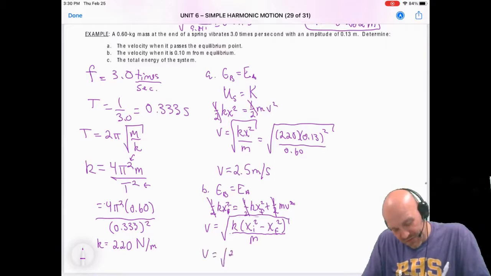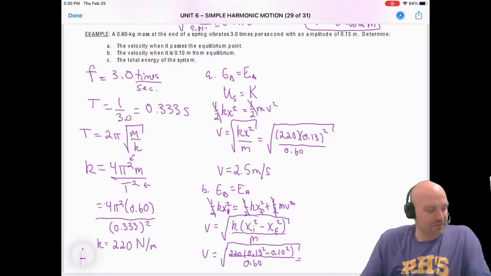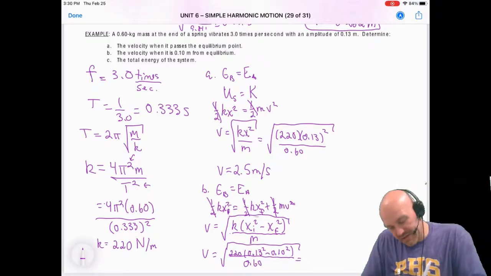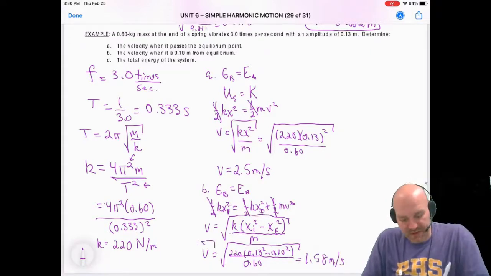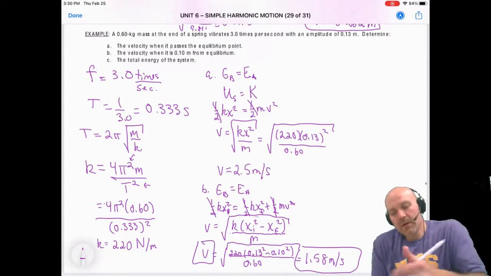And so it's going to be 220 times 0.13² minus 0.10², divided by 0.60. Okay, and so you plug this into your calculator and you get a speed of 1.58 meters per second. Okay, so that's the speed 0.10 meters from equilibrium.